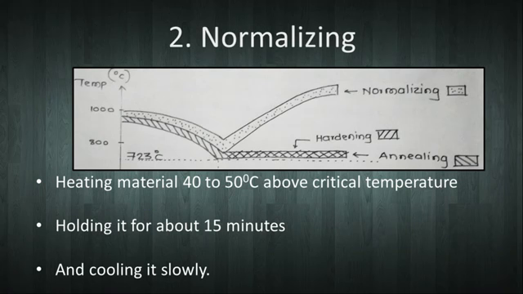Next is normalizing. Normalizing is done by heating the material 40 to 50 degrees Celsius above its critical temperature. Then it is held at that temperature for around 15 minutes, and then it is cooled slowly.